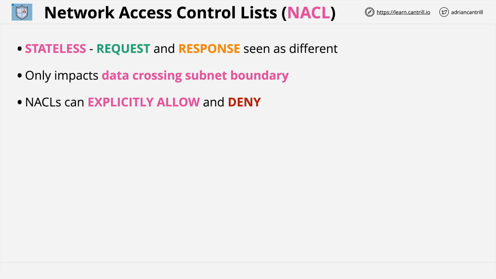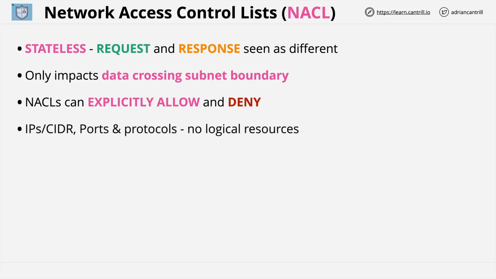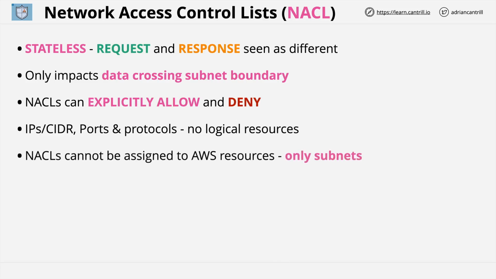Now, network ACLs are not aware of any logical resources. They only allow you to use IPs and CIDR ranges, ports and protocols. You cannot reference logical resources within AWS. And NACLs can also not be assigned to logical resources. They're only assigned to subnets within VPCs within AWS.